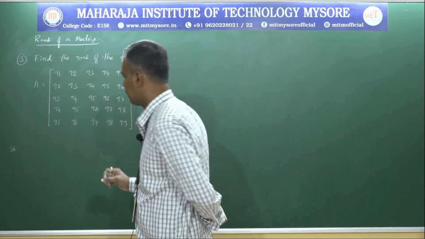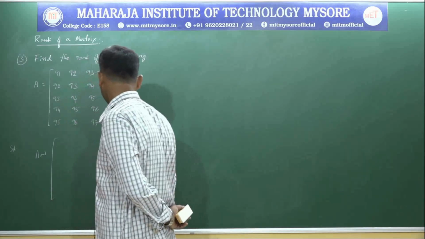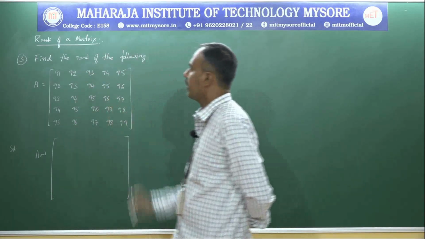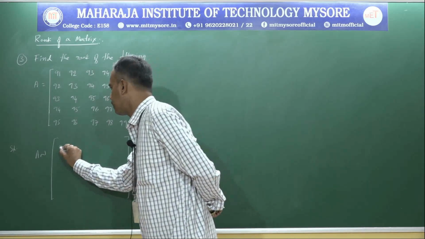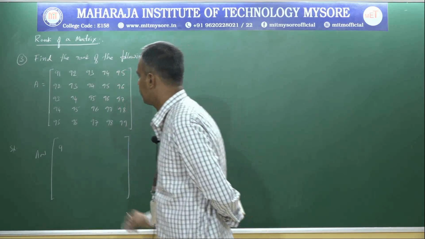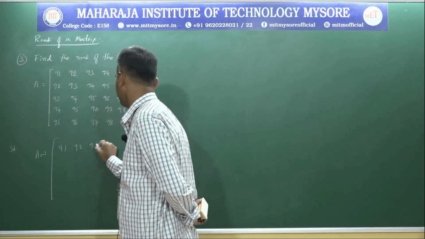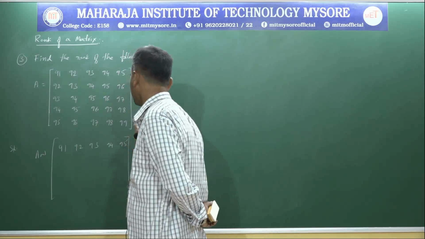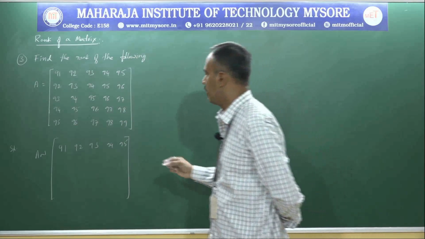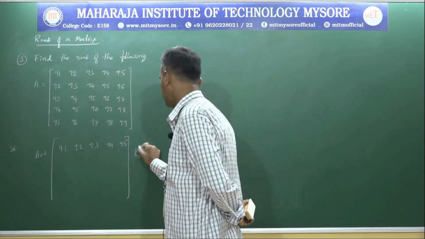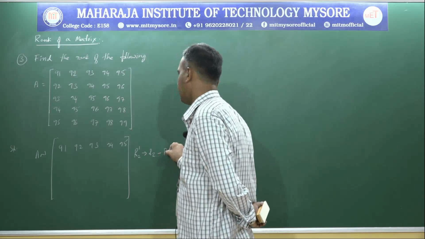Okay, now what about here, the first one. Now apply the row transformation here, keeping the first row elements, and now we can represent the elements here. Now apply the row transformation to the rest of the remaining rows. Now R2 dash, R2 minus R1.